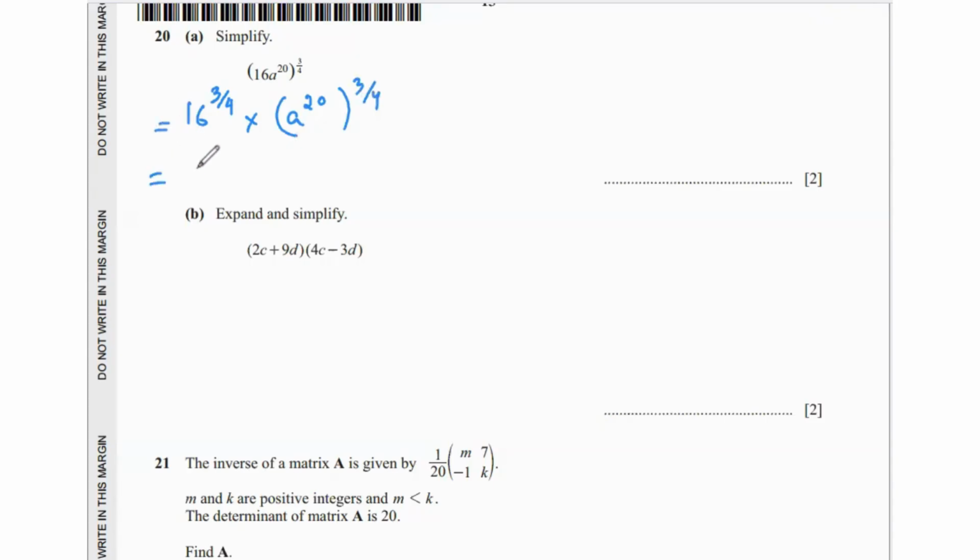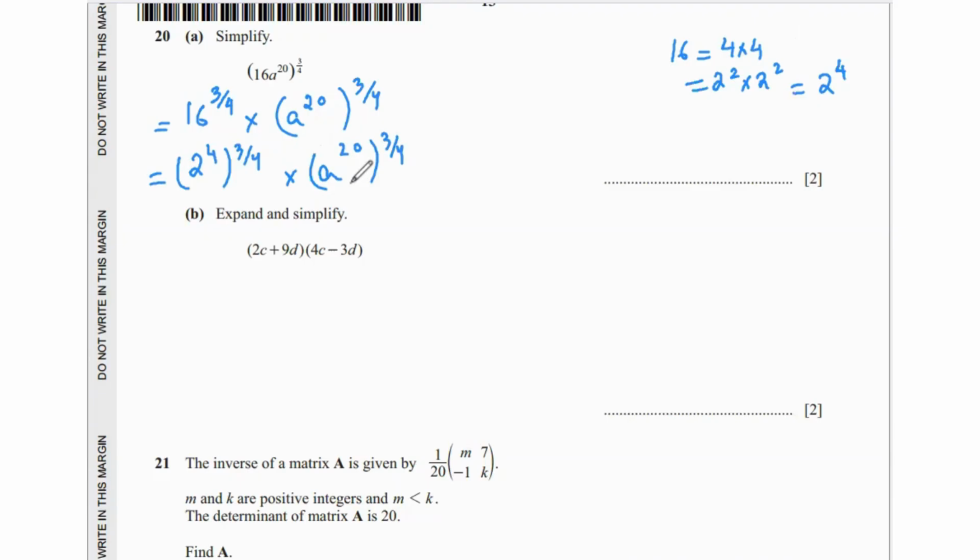Now we need to break down 16 into a prime factor base. We know 16 is 4 times 4 and 4 is 2 squared, so 2 squared times 2 squared. Like we said before, whenever we have similar bases being multiplied, we add the powers. So that's going to be 2 to the power of 4. So 2 to the power of 4 replaces 16, and now we have a whole power of 3 over 4 outside. And over here we have a to the power of 20 and then whole power 3 over 4.